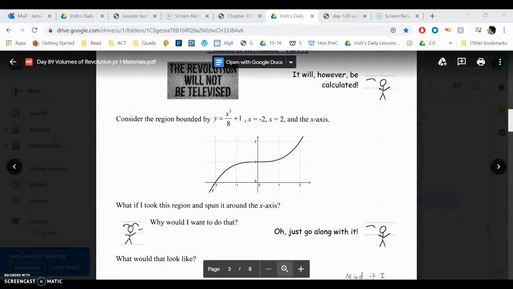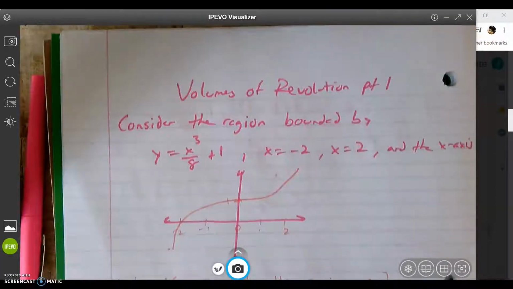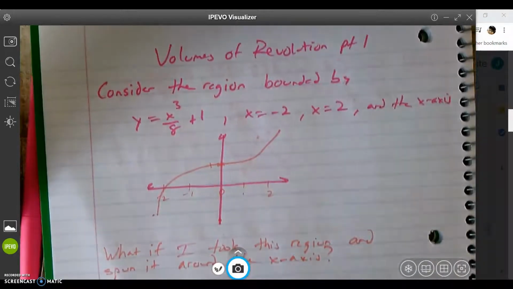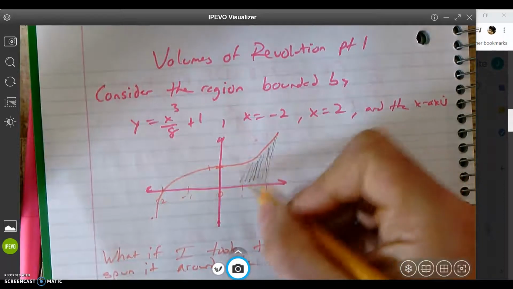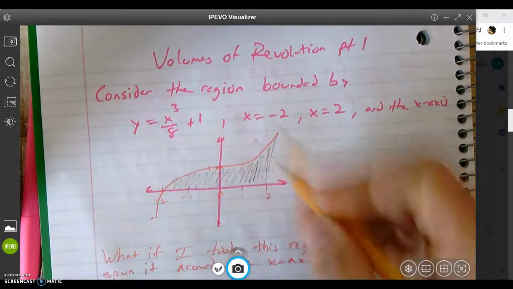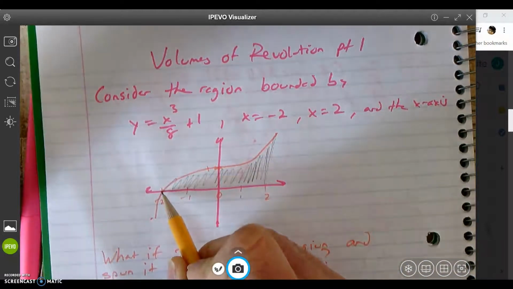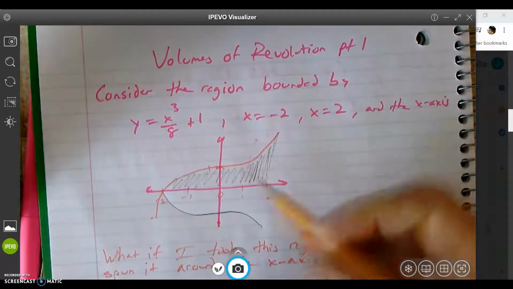Let's actually see. So let's go to our notes, shall we? So here's my notes right there with my title and everything. So what if I took this region between -2 and 2, this region right here, and just revolved it around the x-axis. So if I were to draw a mirror image, it would kind of look like that.